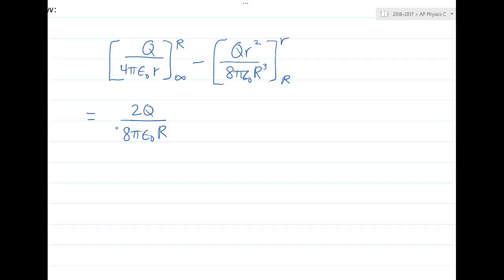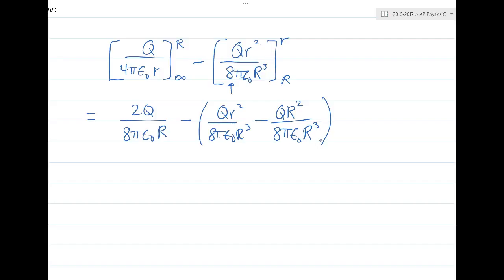And I can write 2 over 8 because I anticipate the 8 right here. And then I'm going to have to subtract, so Q r squared over 8 pi epsilon naught R cubed minus Q big R squared over 8 pi epsilon naught R cubed. Okay, so let's see. Did we do that right? I think so.